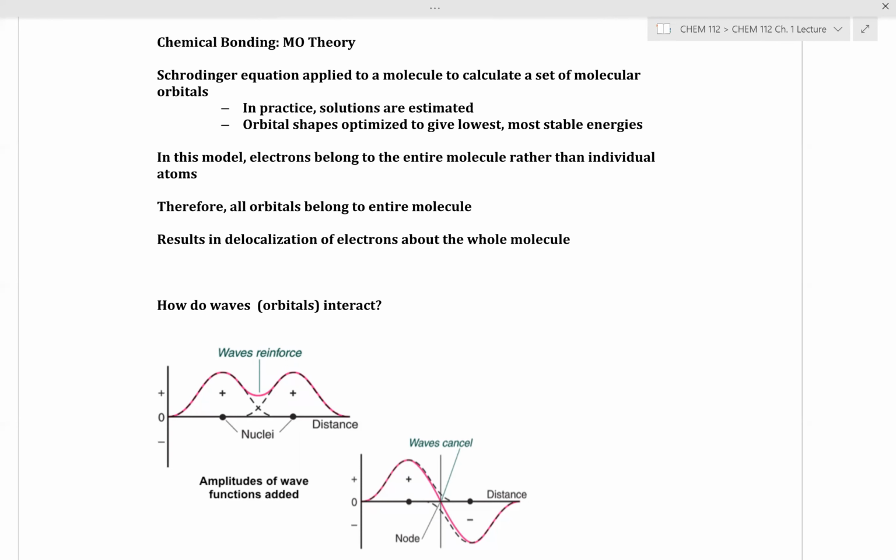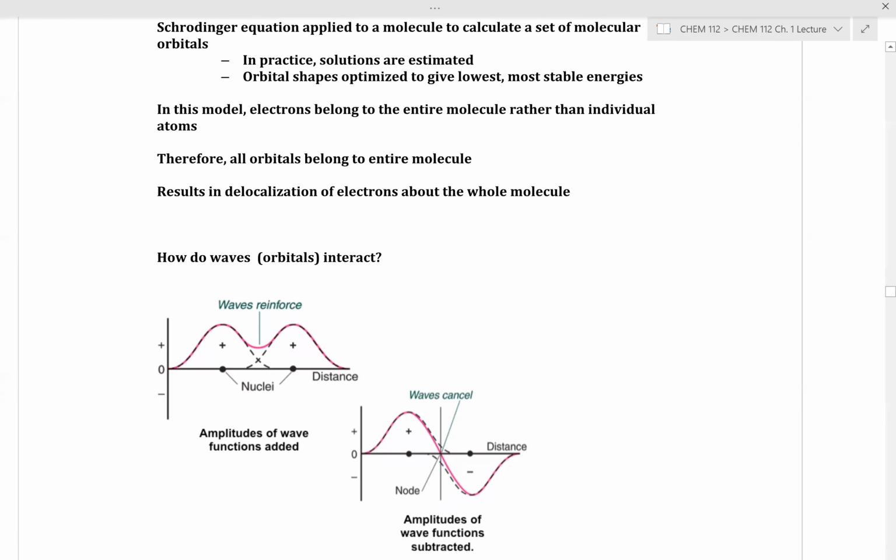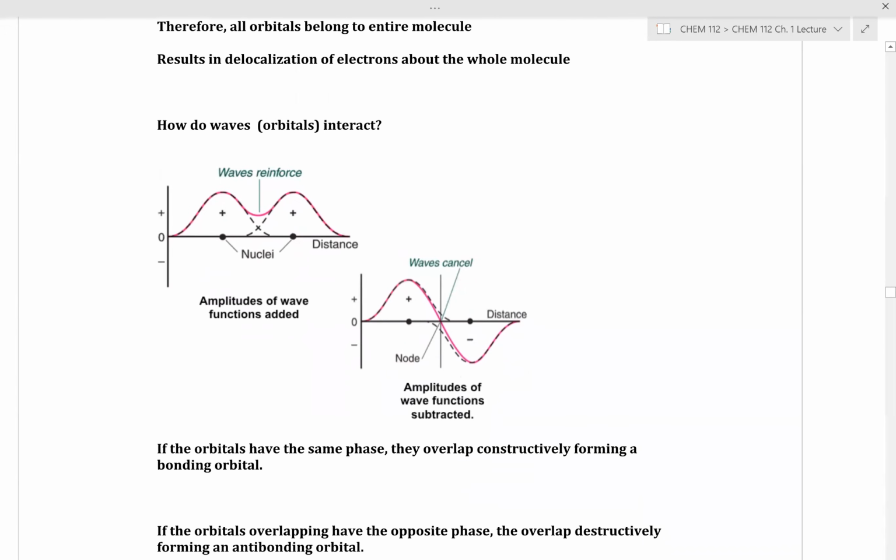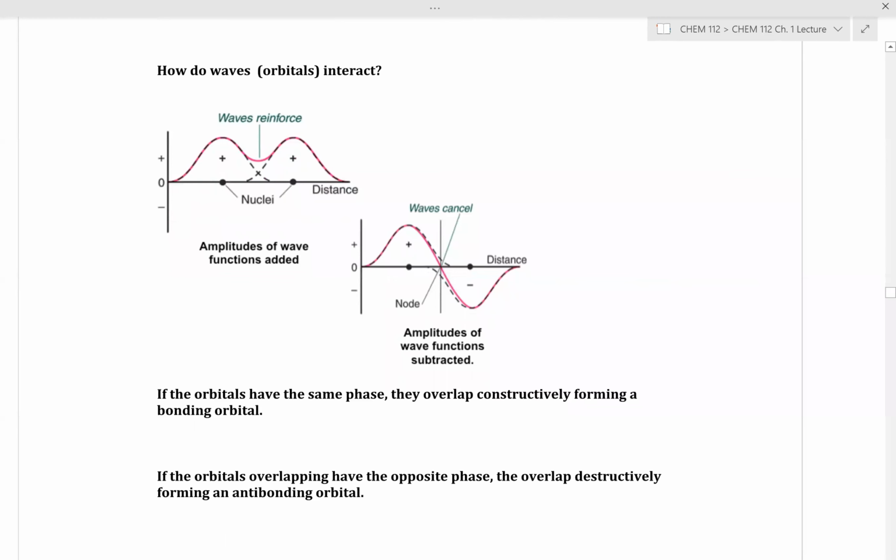When we think about orbitals, it's best to think about them as waves, since orbitals describe electron probability using a wave function. Just like waves can interact and overlap, orbitals overlap and interact in a similar fashion.